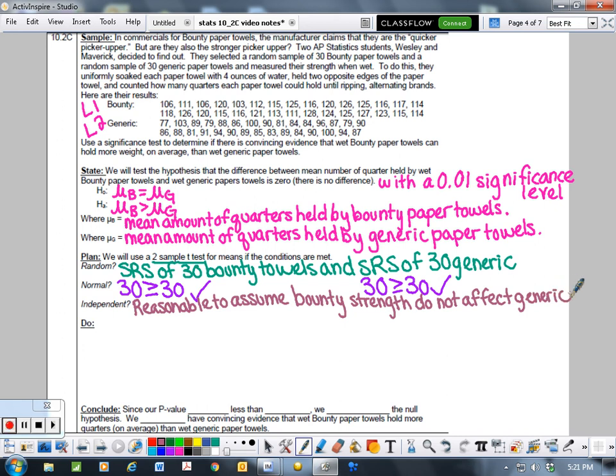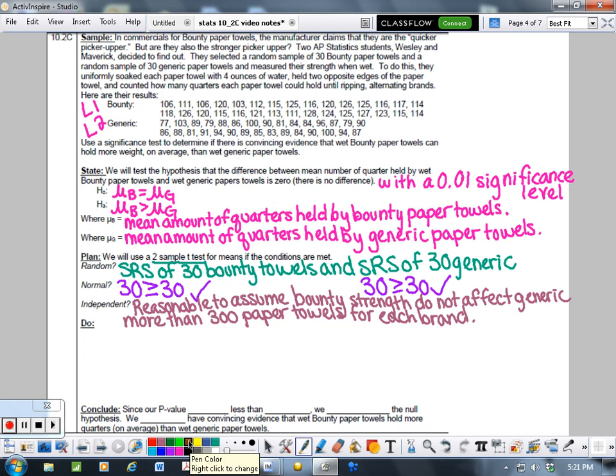And it's also reasonable to assume that there's more than 300 paper towels of each brand. So now it's time to move on.